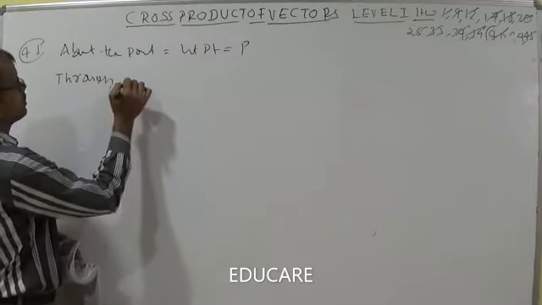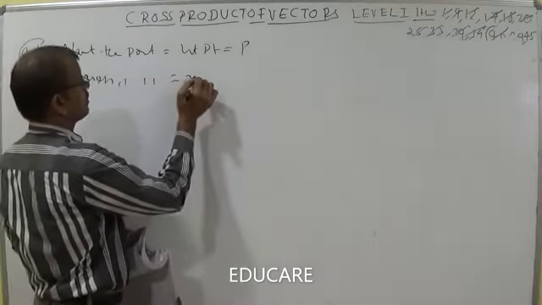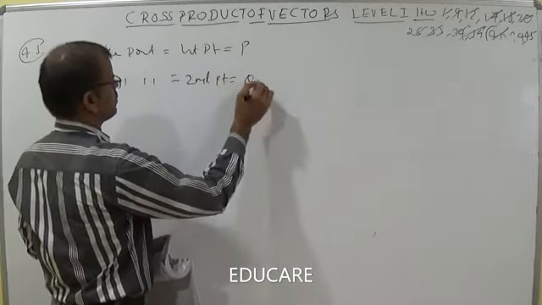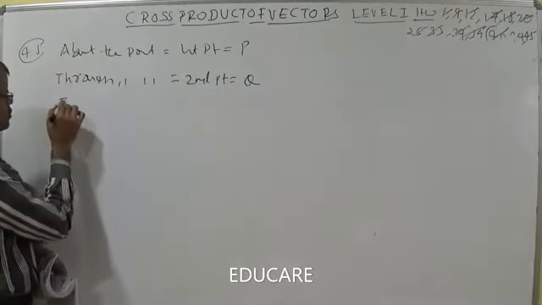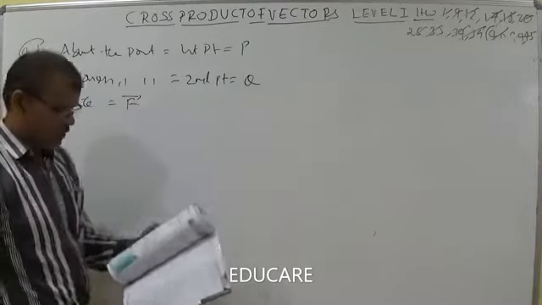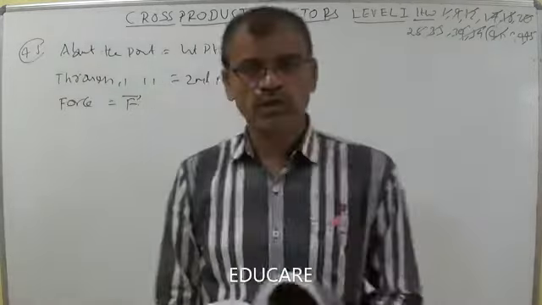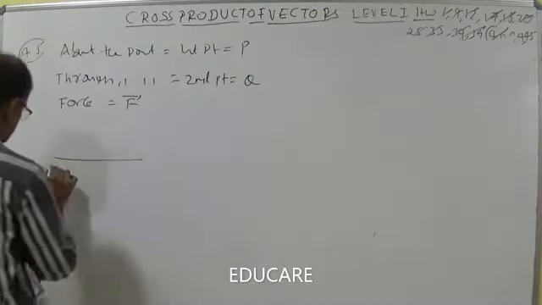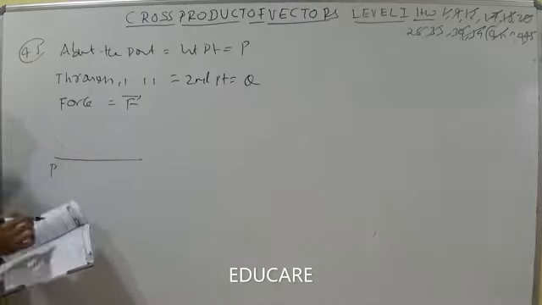Next, through the point, you can understand it as the second point. Second point, put Q. Next, force. Force, you can indicate with the letter F bar. Now you read the question: the moment about the point. Here, about the point is P, which is 1, 2, 3.